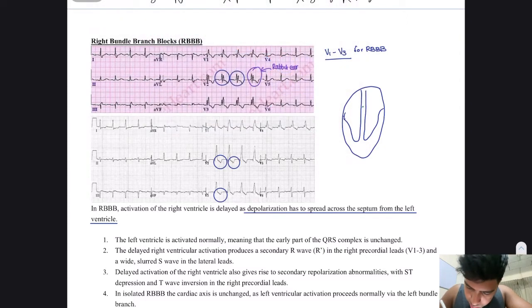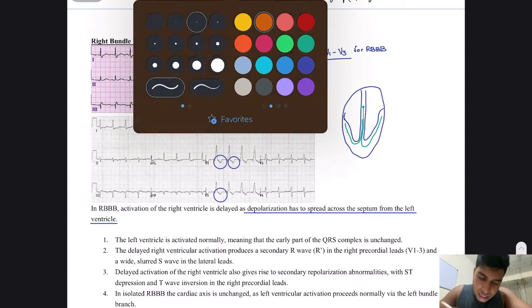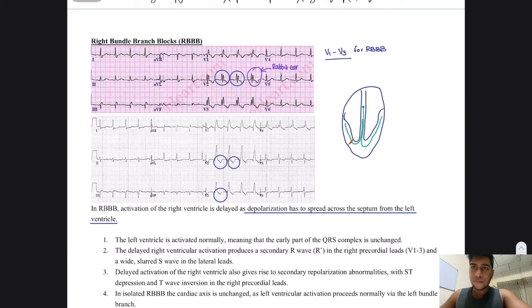So the impulse will come to the SA node and go along the bundle of His to the right bundle and the left bundle. This is the normal conduction pathway that I'm drawing. It will be going simultaneously so that the ventricles will contract at the same time. So what happens if there's a block here?